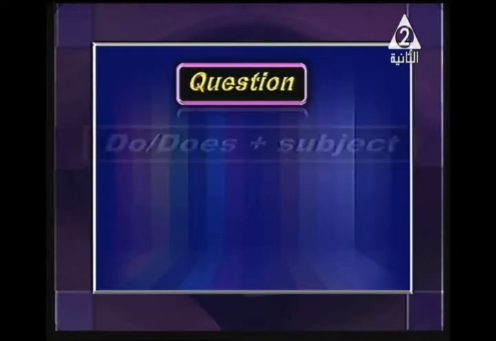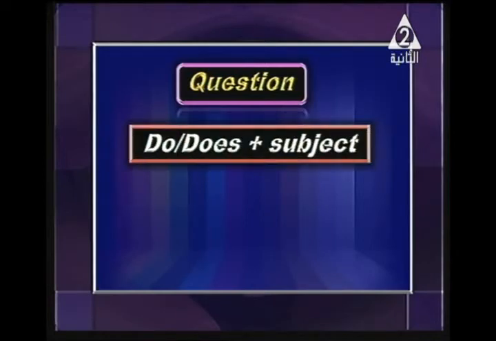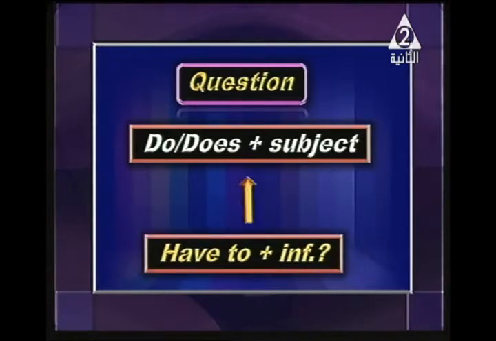Question: do, does plus subject have to plus infinitive. do does بمعنى هل plus subject، طبعا do هتيجي مع ال subject I you we they. does هتيجي مع he she it. have to plus infinitive مصدر الفعل.